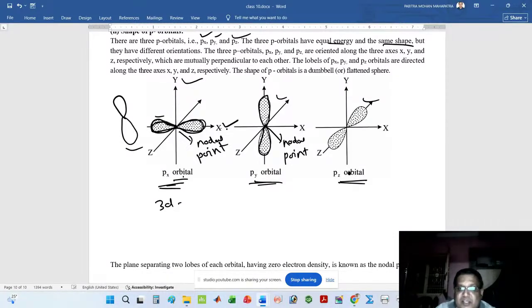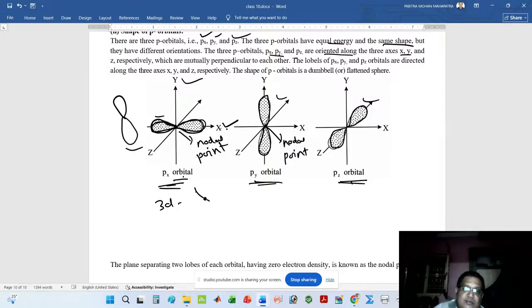Next thing about the pz, this is one lobe, and this is the other lobe. Both the two lobes are present in the z-axis. So this is said to be pz orbital. Let me explain. The three p orbitals px, py, and pz are oriented along the three axes: x-axis, y-axis, z-axis.